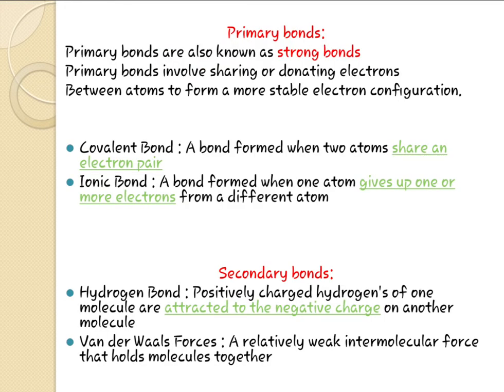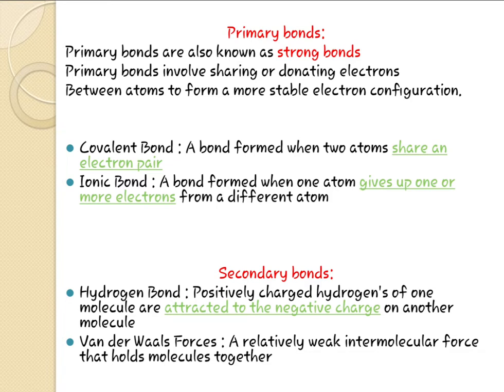Primary bonds are also known as strong bonds. The primary bonds involve the sharing or donating of electrons between atoms to form more stable electron configurations, for example, the covalent bond and the ionic bond.